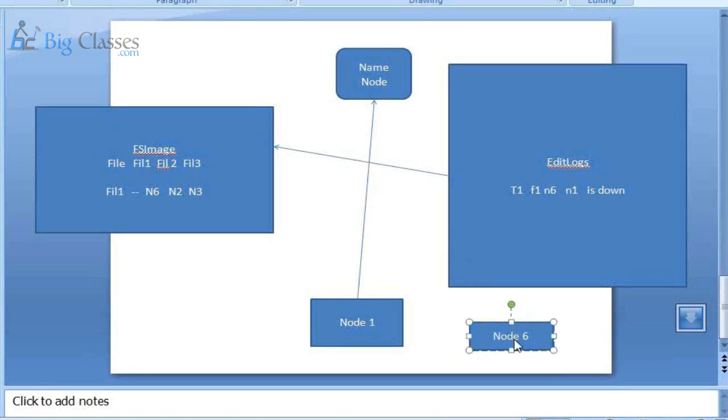Otherwise, let me tell you one thing. Assuming that node 6 is not there, I have only node 2 which already exists. In such a case, this is running as well as this is running.